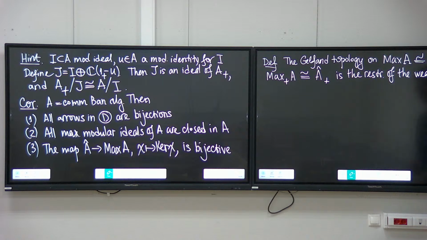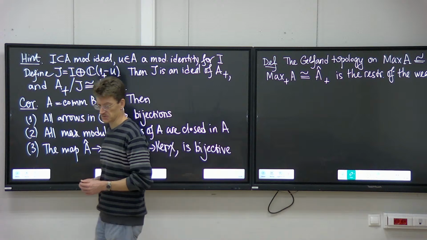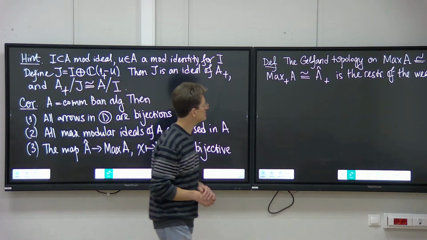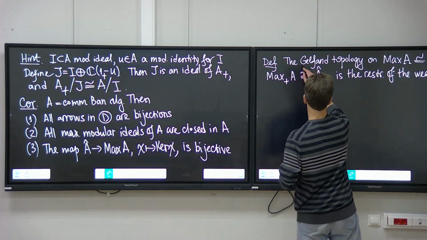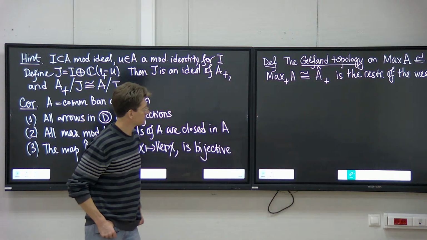So we know that A star contains all characters, that is, all characters are continuous. So the maximal spectrum becomes a topological space.